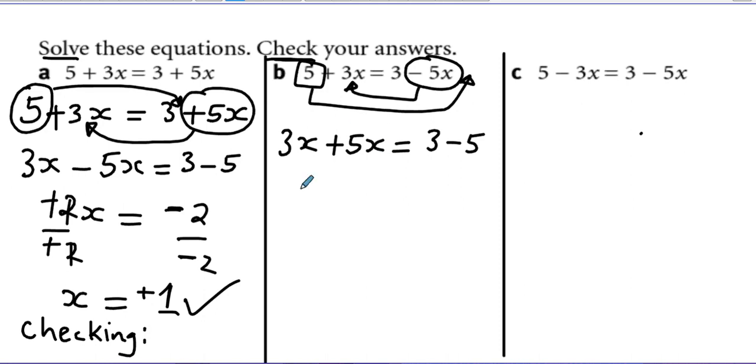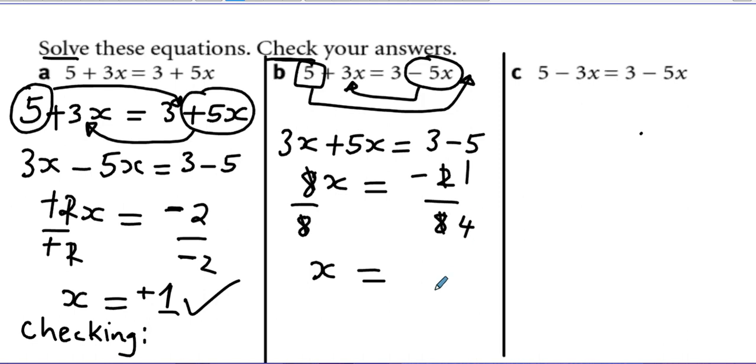Now 3x plus 5x is 8x, equals 3 minus 5, which is negative 2. To find the value of x, divide by 8 on both sides. Simplifying by 2, the answer is negative 1 over 4.